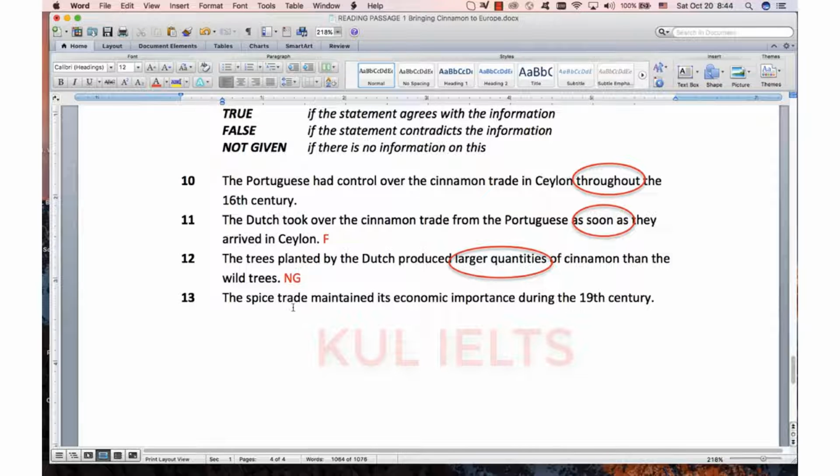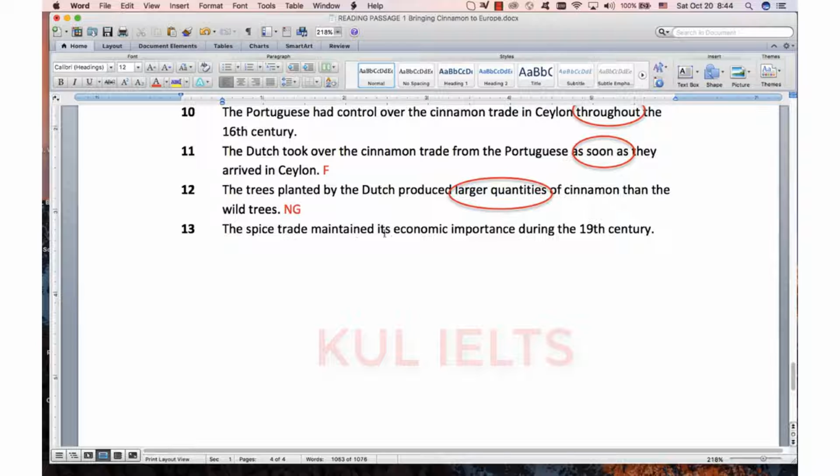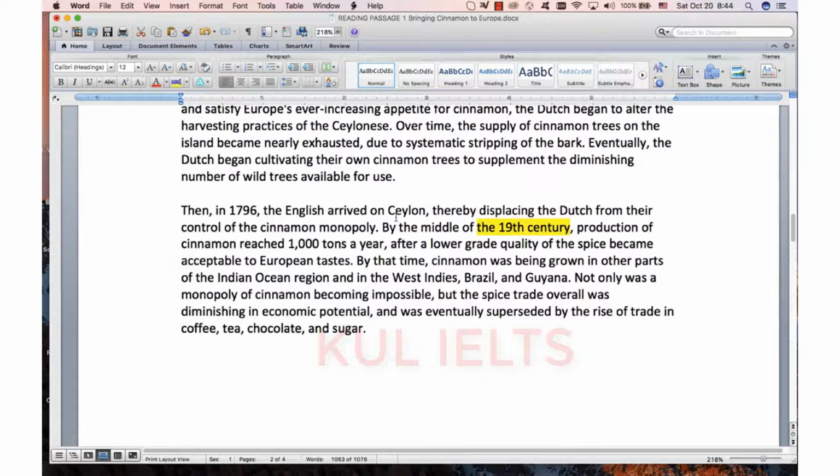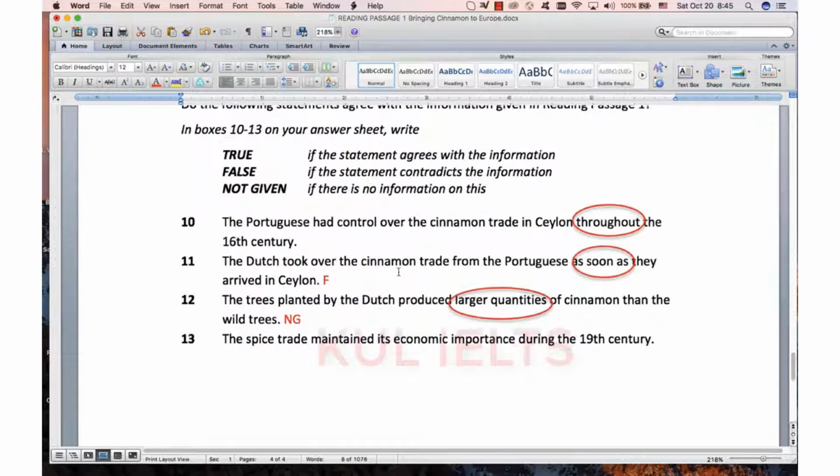Then these are the two more difficult ones. The spice trade, it's maintained its economic importance during the 19th century. By the middle of the 19th century, remember we're looking for spice trade. This is all about the 19th century. Can you see spice trade? There is spice trade over there. The spice trade overall was diminishing in economic potential.